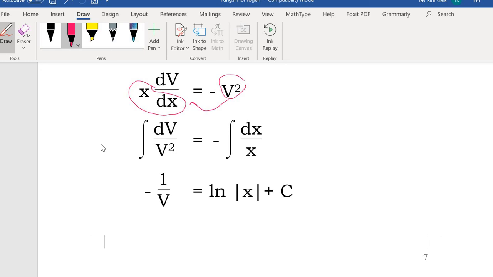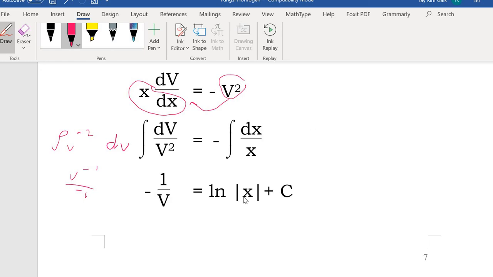Integrate 1 over v squared, which is integrate v to the power of negative 2 dv. For integration, remember, the power is increased by 1, so you have v power negative 2 plus 1, you have negative 1, so you divide by negative 1. That's why you get negative 1 over v.